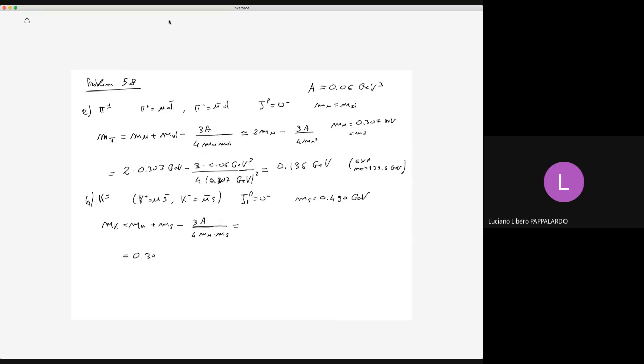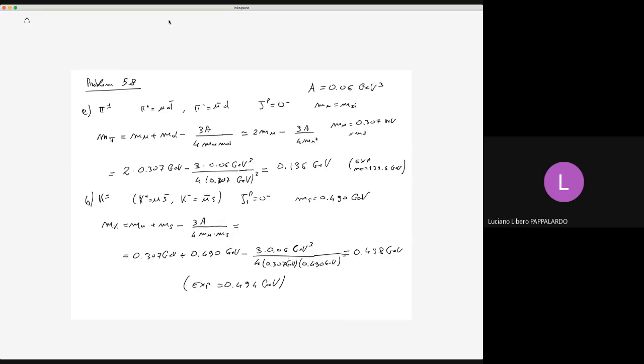So it's 0.307 GeV plus 0.490 GeV minus 3 times 0.06 GeV to the cube divided by 4 times 0.307 GeV times 0.490 GeV, and the result is 0.498 GeV, to be compared with the experimental value of 0.494 GeV. So again, excellent agreement.